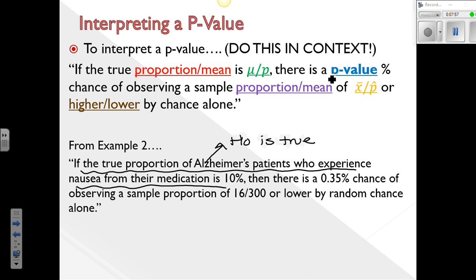So if you assume here that H0 is true, then there is a 0.35% chance that you would observe 16 out of 300 or in the direction less patients who experience nausea by chance alone.